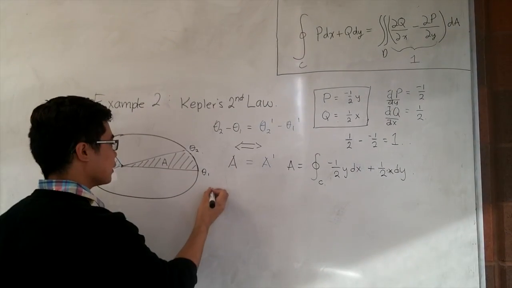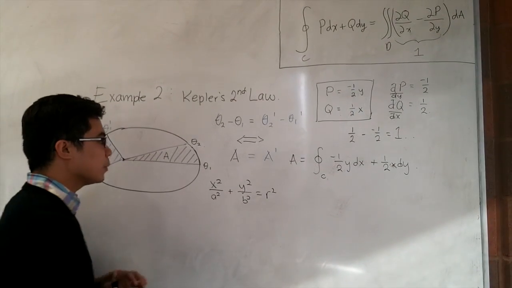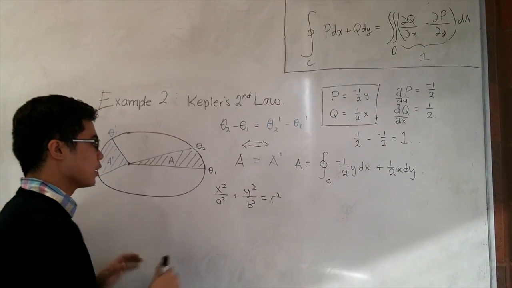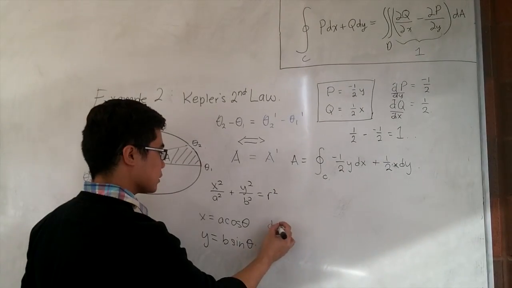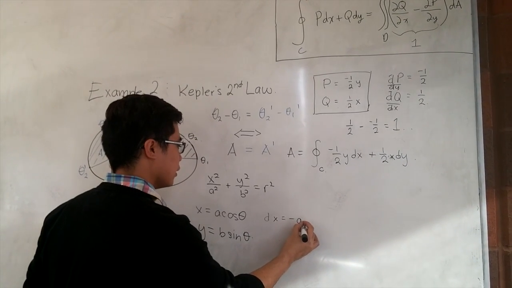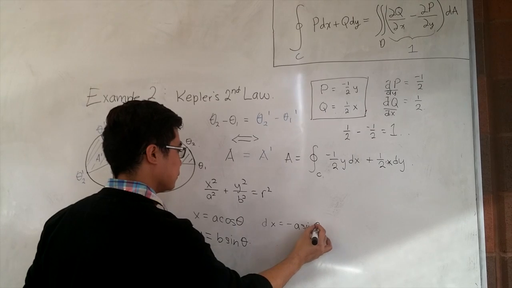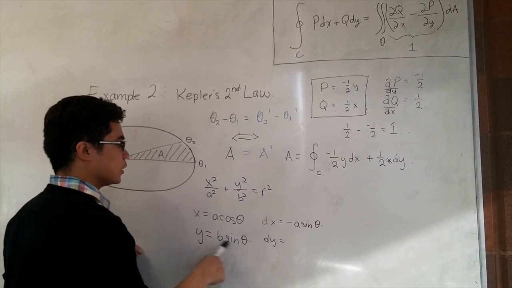An ellipse can be represented parametrically. So we can reparameterize this with respect to theta. So dx is equal to negative a sine theta d theta, dy is equal to b cosine theta d theta.